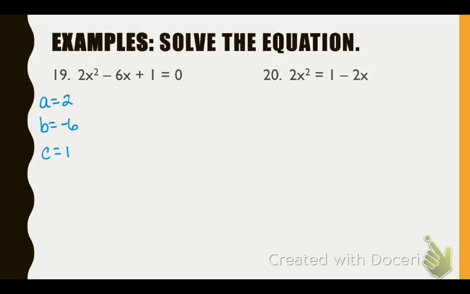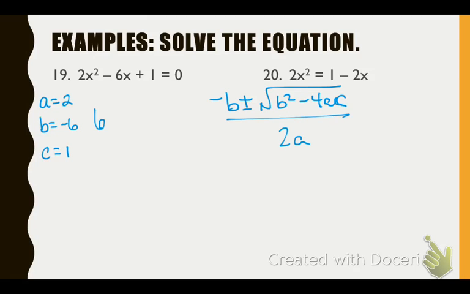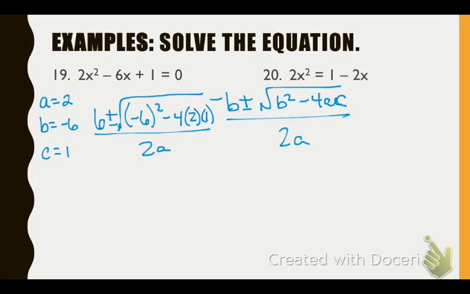So I'm just going to plug it into my formula. If you don't remember your formula, remember: opposite of b plus or minus the square root of b squared minus 4ac, all over 2a. So opposite of b, I'm going to have 6 plus or minus the square root of negative 6 squared, all of this underneath the radical, minus 4 times 2 times 1, all over 2a.